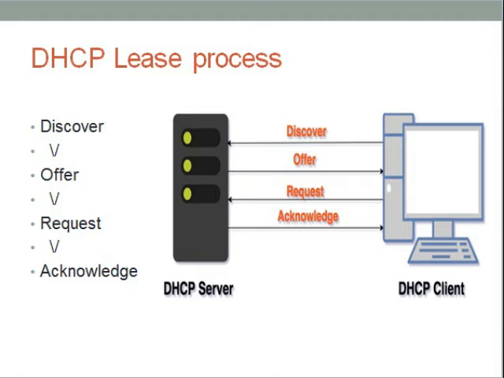Once it requests, the DHCP server acknowledges, which is the Acknowledgment, and the DHCP server responds to the request and the IP address is given. That's the complete DORA process overview.